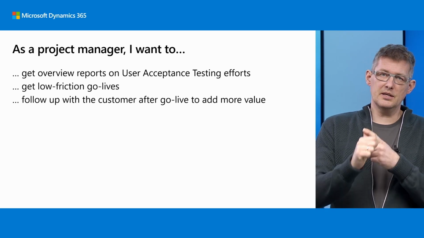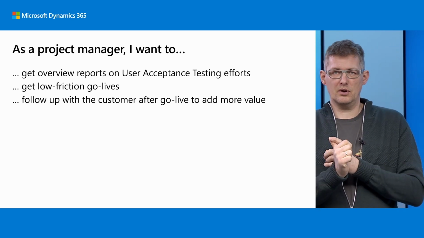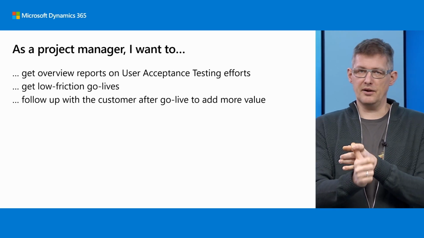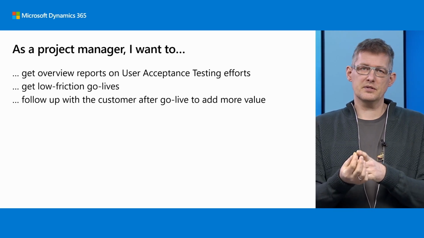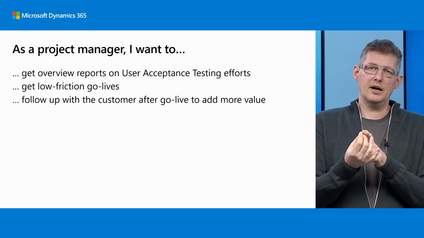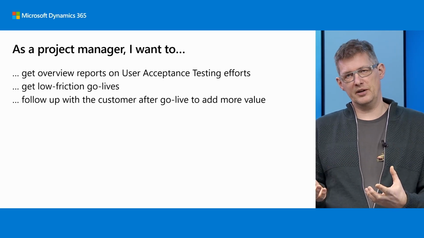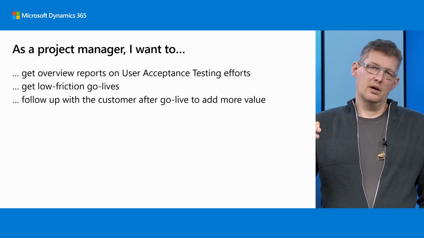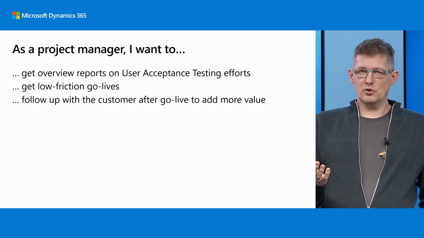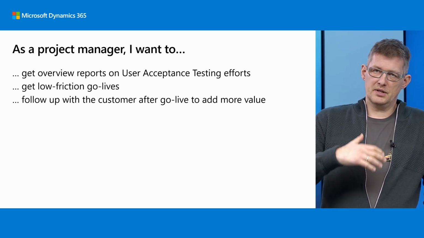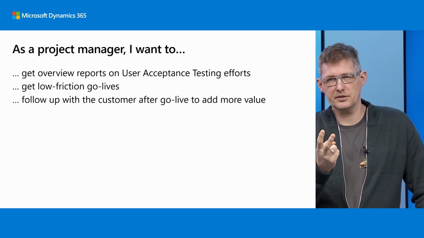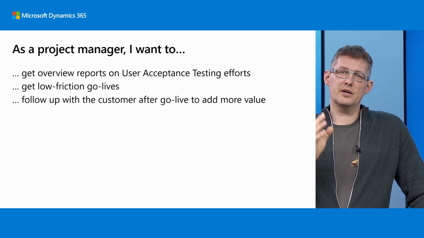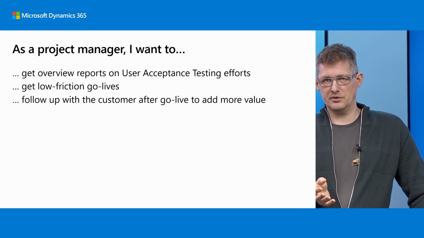You want easy overview reports of user acceptance testing efforts. You want low friction go lives, and you want to follow up after go live to add more value with Business Central. I know that there's more to go lives than just errors and user acceptance testing, but these two are definitely disciplines or phases where telemetry can help you a lot as a project manager.